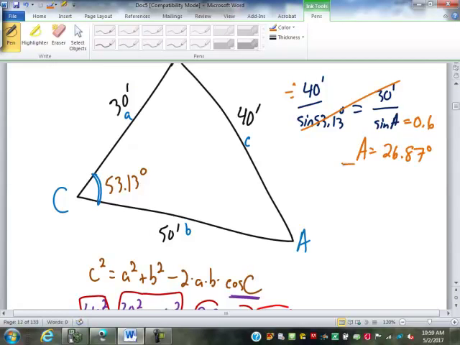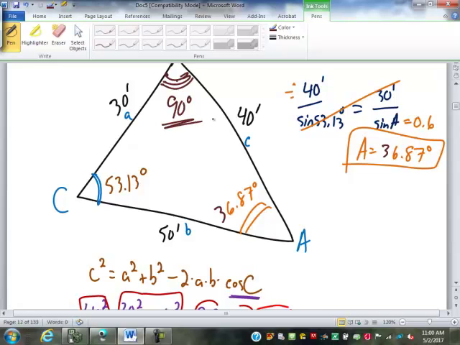Does that look right? You're right. That one's 90 degrees if we subtract it.